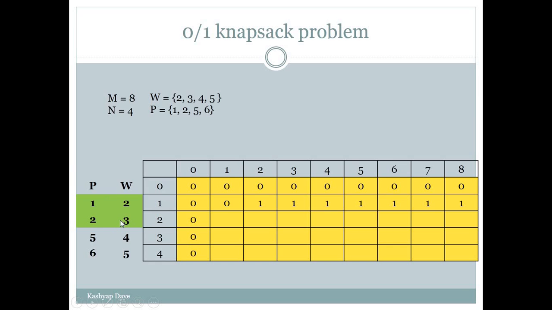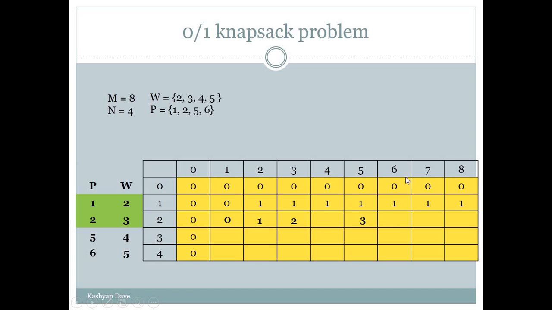Okay, now if we have weight of 3, then we can gain profit 2. So we will put this 2 at this place. Now we calculate that if we have both items 3 and 2, meaning weight 3 plus 2 is 5, then we can access this weight 5 with total profit of 1 plus 2, which means 3.